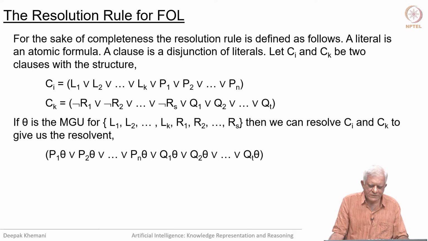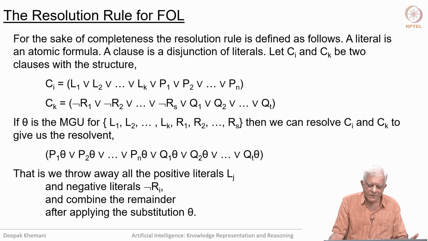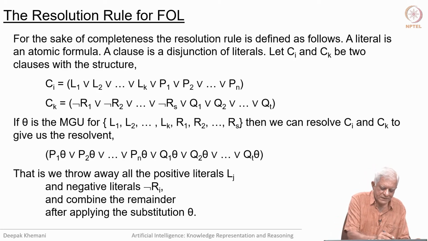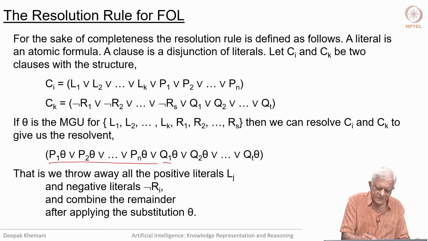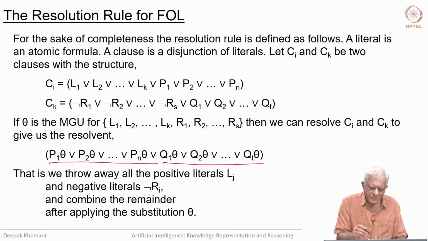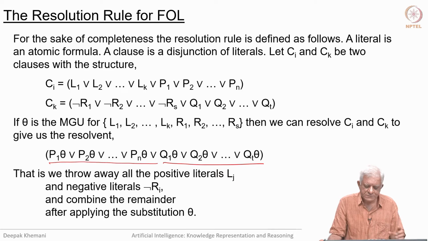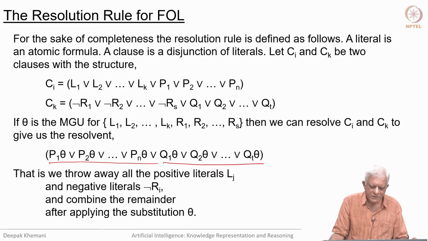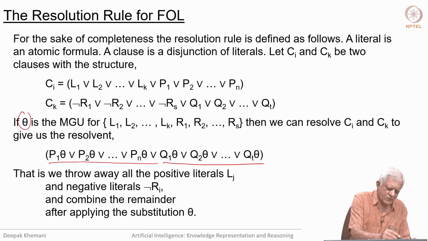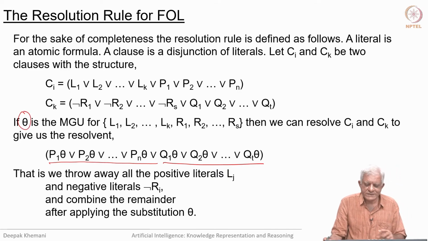So, if we can find a most general unifier for all the Li's and all the Ri's, then you can see that Li's are positive atomic formulas, Ri's are negative literals, and we can cancel all of them together, and what we would be left with would be all the P formulas and all the Q formulas, and we would construct a new formula which has all the P's and all the Q's, but making sure that the substitution theta that we use for constructing the MGU is applied to this formula essentially.